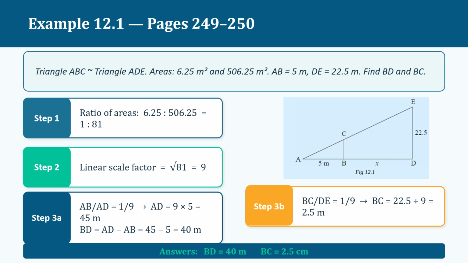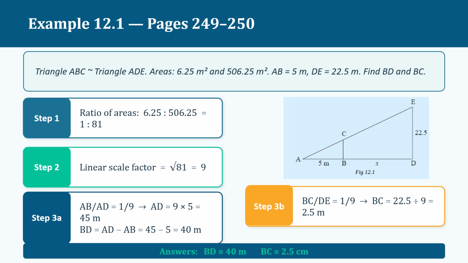We also want to find the length BC, given that its proportional side DE is 22.5. So again here, we're going to use the linear scale factor. We know that BC divided by DE is equal to 1 over 9. We're interested in finding BC, so we make BC the subject of the formula by multiplying by DE on both sides.